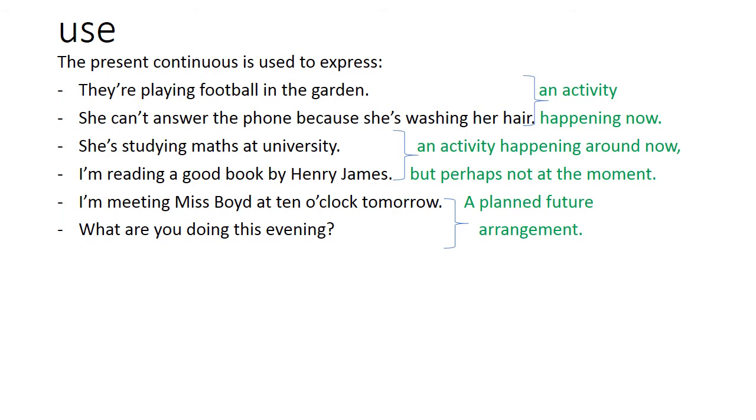Therefore, I should use the present continuous to express this. And also, what are you doing this evening? What's your plan for this evening? Therefore, we should use the present continuous.